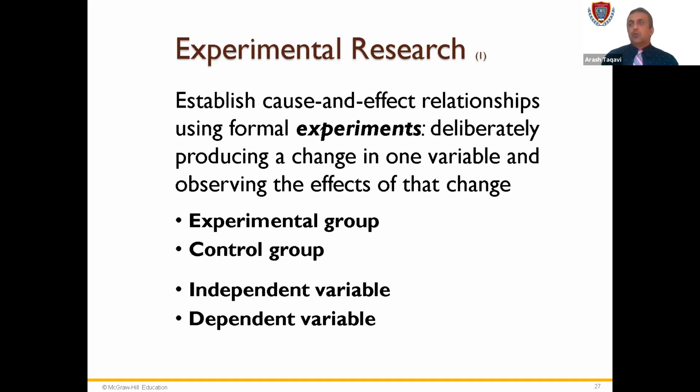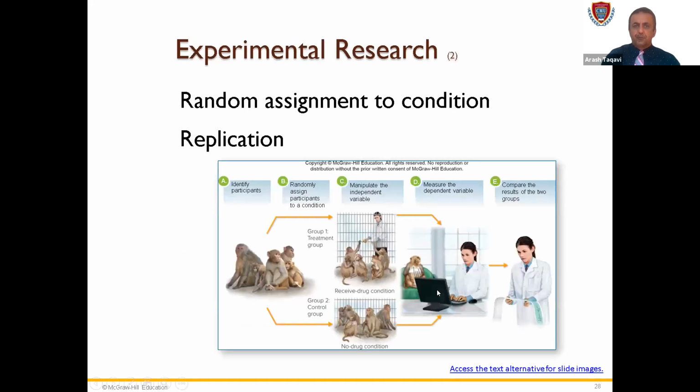Also, you run experiments on some people. That is called the experimental group. And there is another group with the same criteria on which you don't have any intervention. That is the control group. You have a pre-test, then do something, then a post-test, and compare the control group and the experimental group.